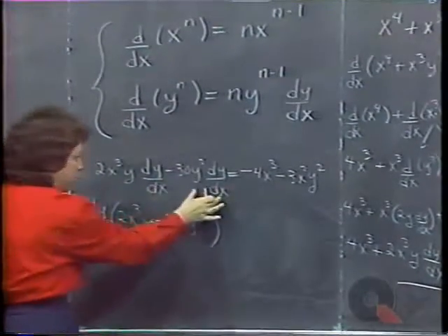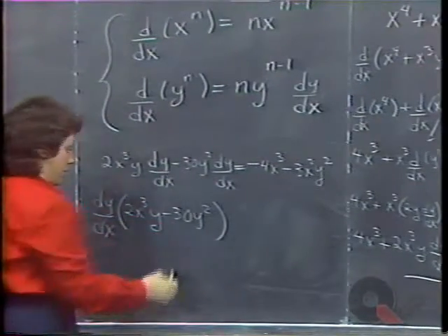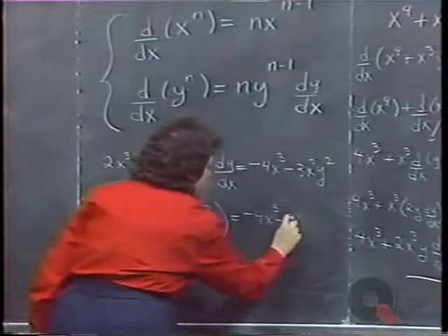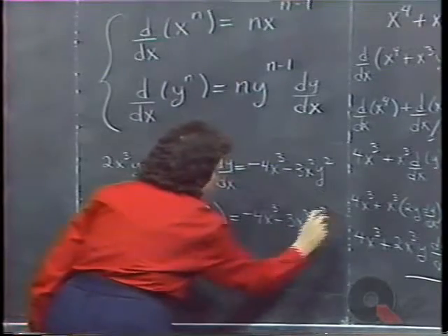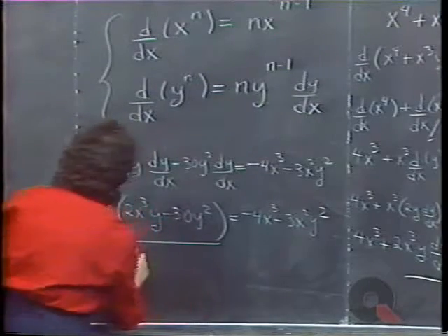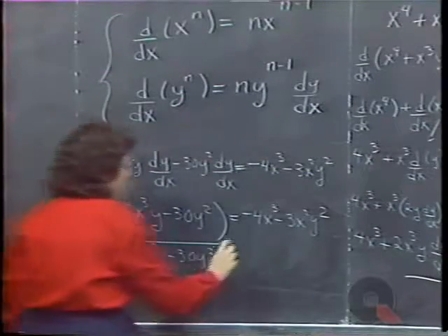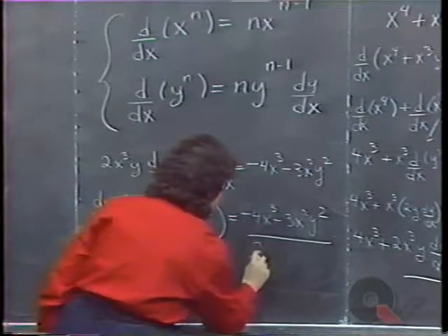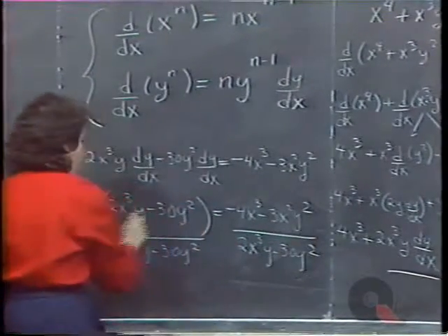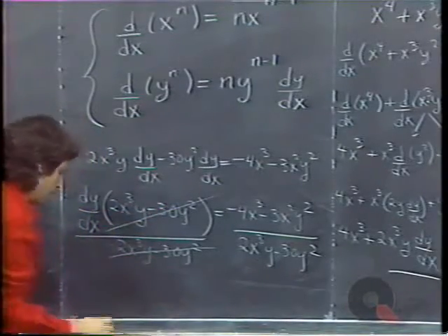I factored out a dy dx from these two terms, leaving me with 2x cubed y minus 30y squared times the dy dx equals minus 4x cubed minus 3x squared y squared. And then finally, I'm going to divide both sides by 2x cubed y minus 30y squared to get dy dx equals that.